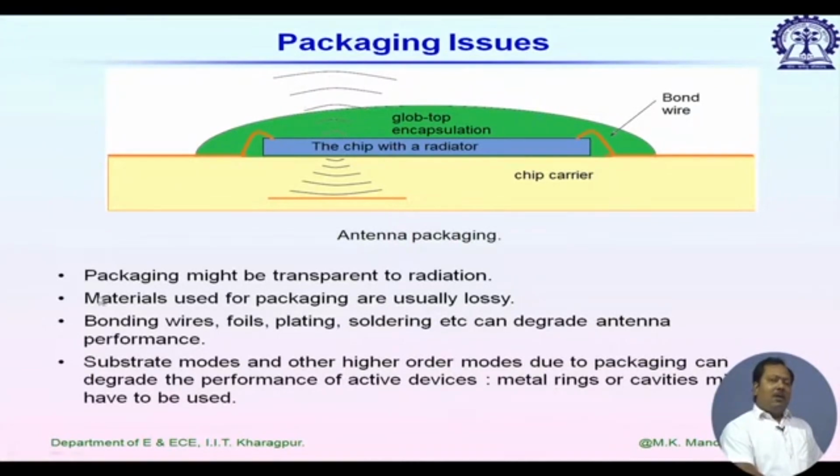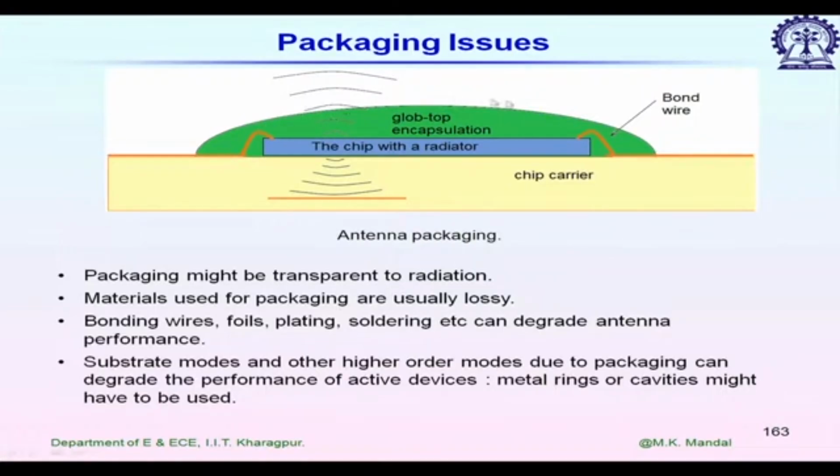Not only that, whenever we use a packaging material, it should be transparent to radiation. Otherwise, the electromagnetic wave being radiated by the radiator will not come out. We have to keep this in mind when selecting any material for the packaging.